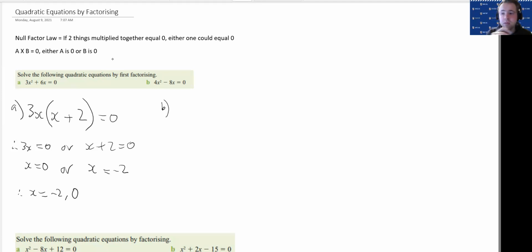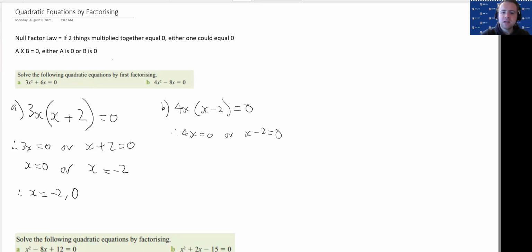If you want to have a go at B, see if you can do it yourself, pause the video and then restart it to check your answer. So here we've got to take out a common factor of 4x, and then we've got x minus 2 equaling 0. So either 4x is 0, or x minus 2 is equal to 0.